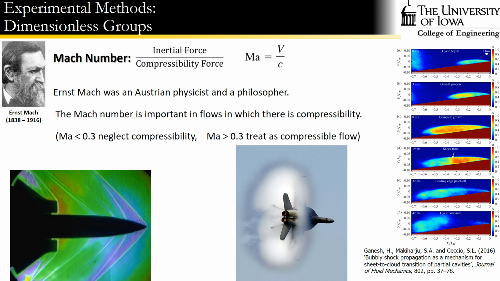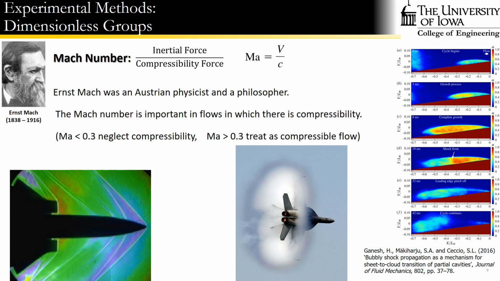Generally, if the Mach number is below 0.3, compressibility forces are much greater than inertial forces, meaning the fluid is going to act very stiff. It's going to behave as if it's incompressible. For Mach numbers greater than 0.3, inertia is going to tend to actually compress the fluid. It's going to behave like a looser sort of bulk spring. So compressibility effects become important.